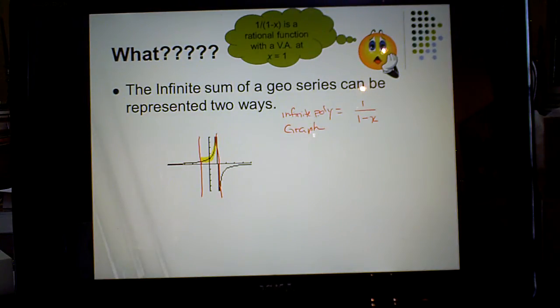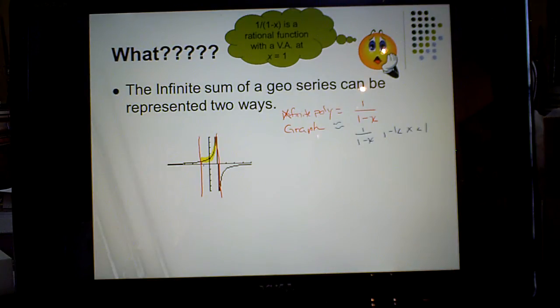If I look at the graph of this infinite polynomial, which is impossible, so I have to make it a finite polynomial, I will then get close to the graph of 1 over 1 minus x, provided that I stay within -1 and 1.